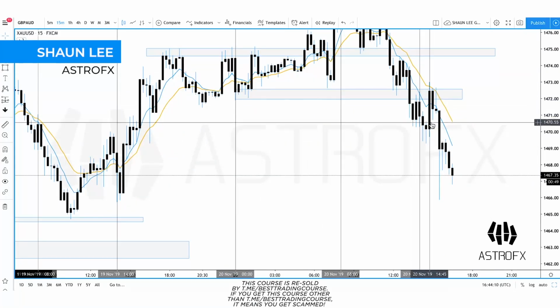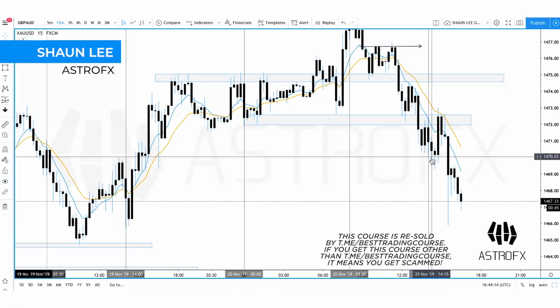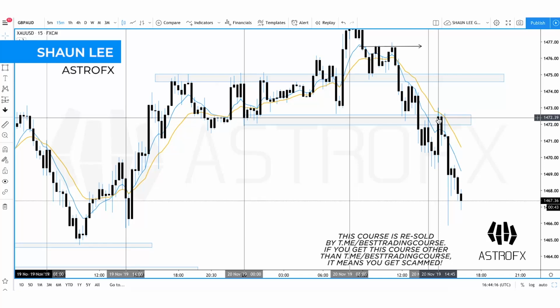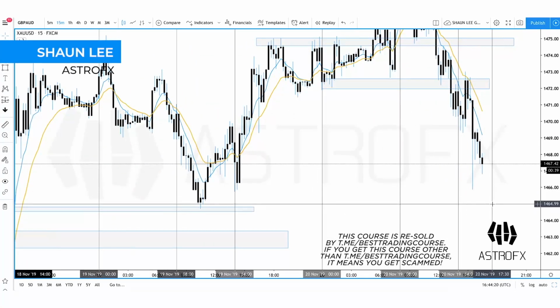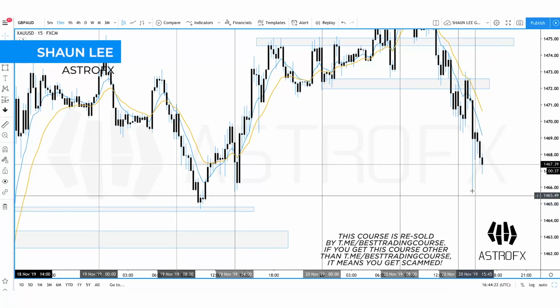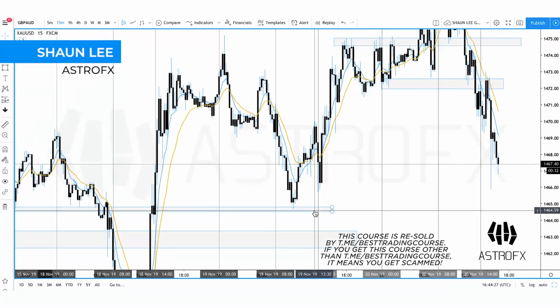And then what we've seen was a breakdown exactly at 2 p.m. US overlap. We've then pushed back into the region, and then boom, we've actually melted back down to the lows. Now what's interesting here is that I've just noticed now 1465.